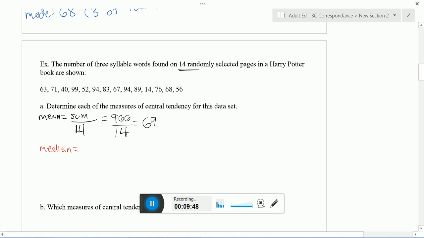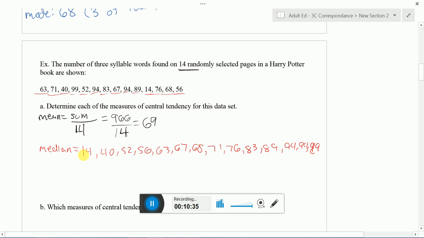again, for the median we have to arrange them in order. So the smallest one is 14, next looks like 40, and go from there. 52, 56, 63, 67, 68, 71, 76, 83, 89, 94, 94, oops, 99.